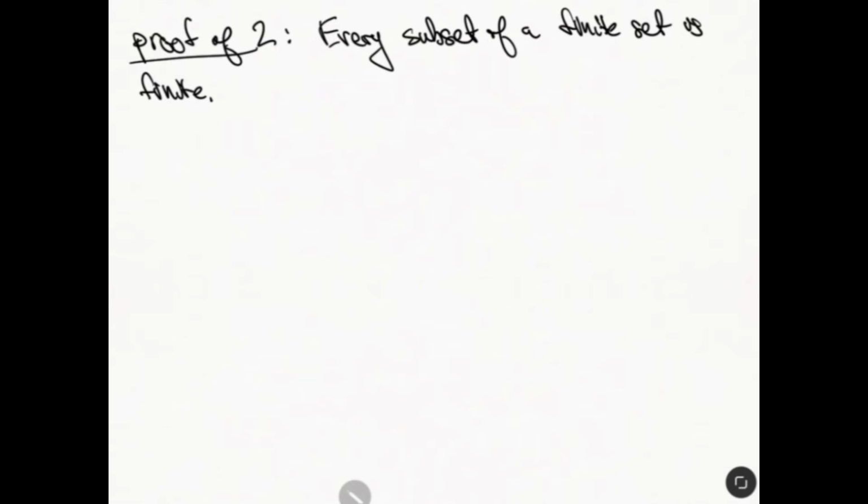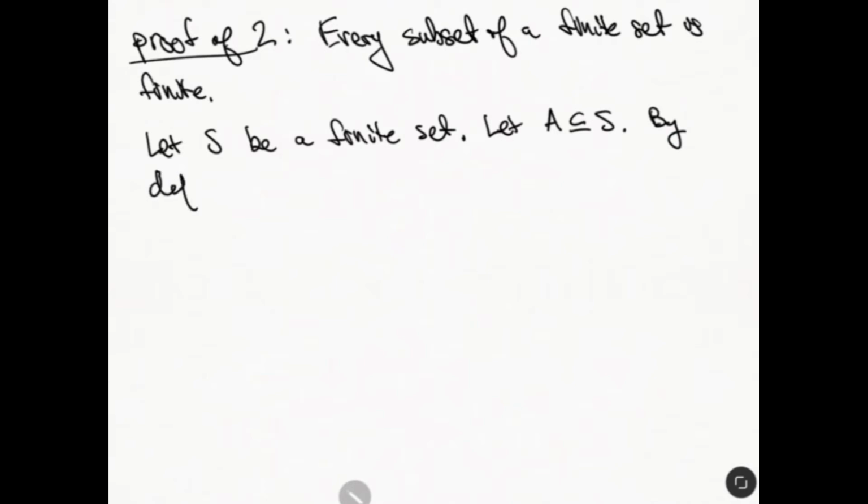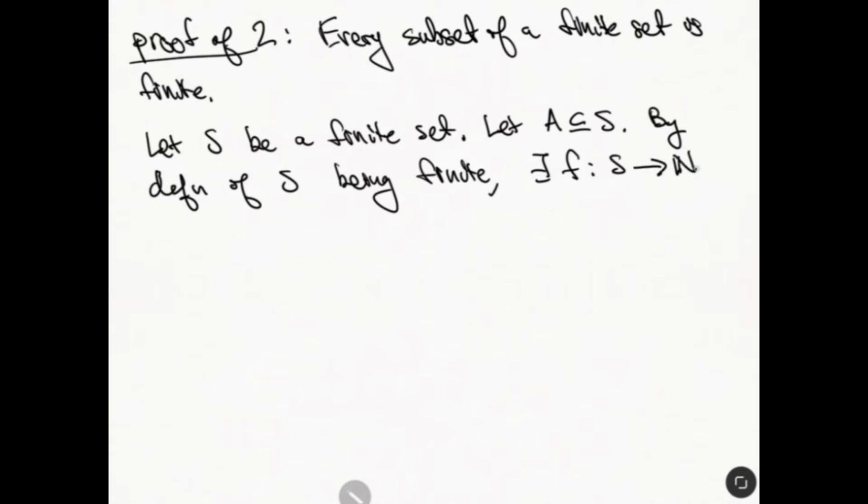So let S be a finite set, and let A be a subset of S. By definition of S being finite, there exists some map f to N_n, some bijection.